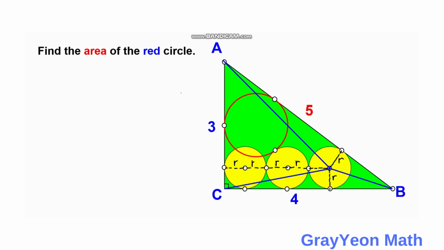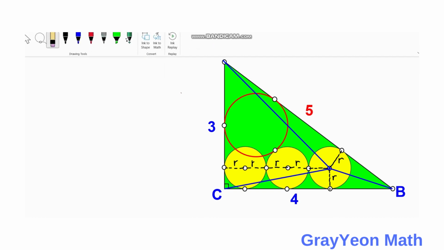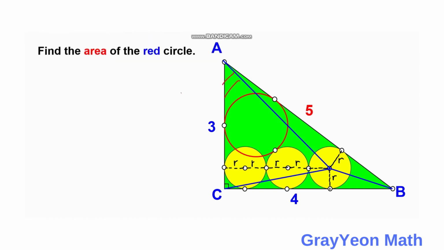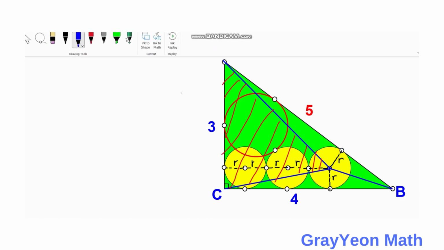What we are going to do next is equate the area of this right triangle to the area of these 3 triangles inside. One triangle is this triangle, and the next triangle is this. So let us shade it.